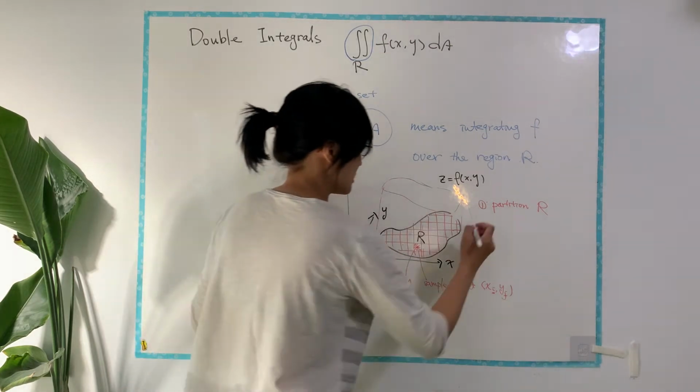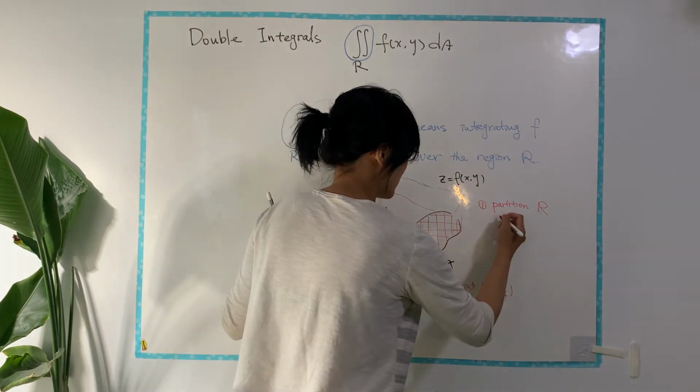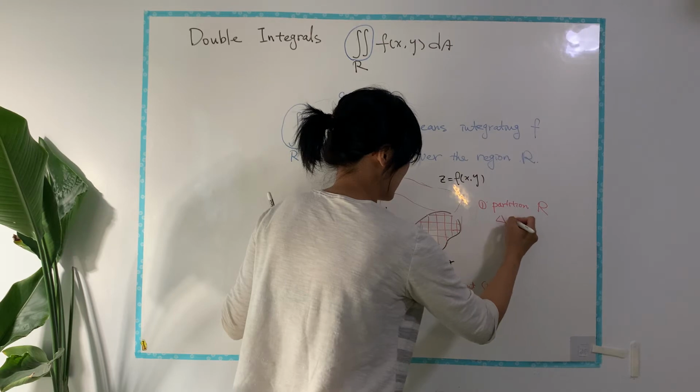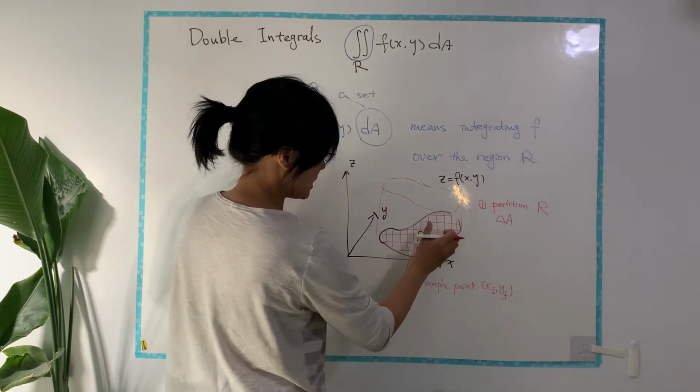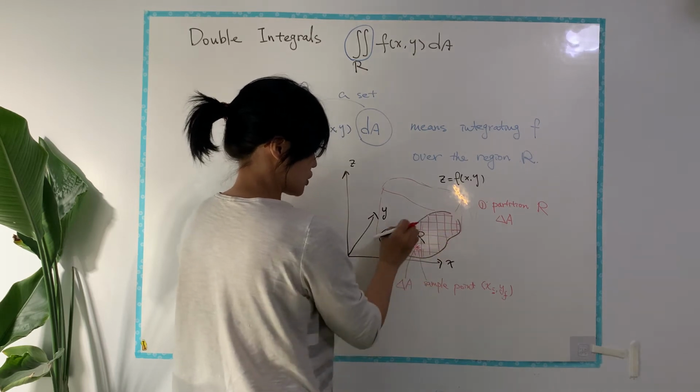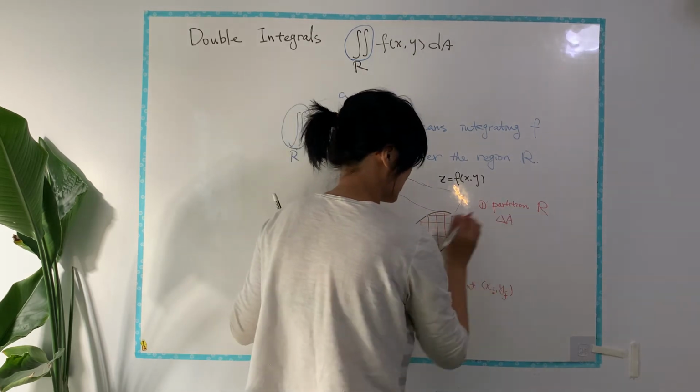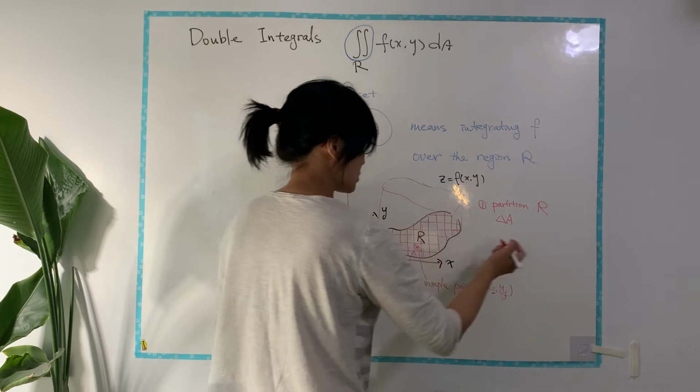Therefore we have delta A, or delta A_ij, to refer to the area of each individual small region.